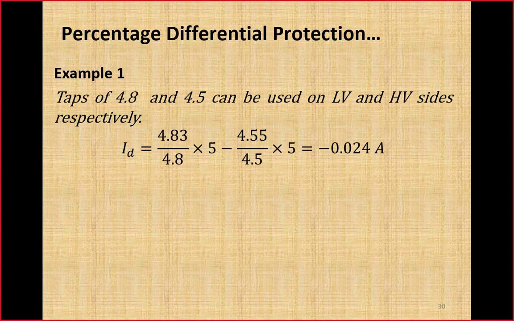So the difference current, this is the current which is available on the secondary side of the first auxiliary CT. This is the current on the auxiliary side of the second CT, and here is the total difference. Difference will be minus 0.02 ampere. This is the only difference between the two side currents.